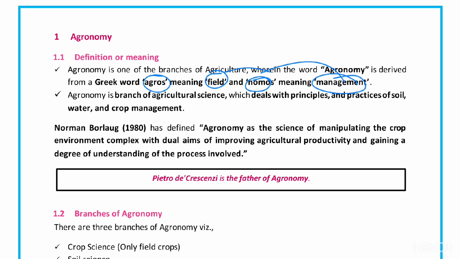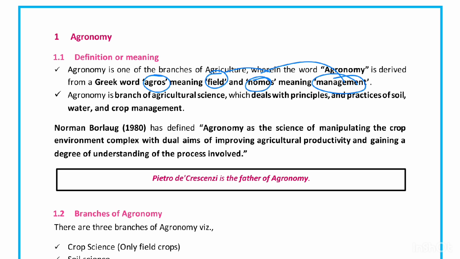Students, the definition says that it deals with principles and practice of crop production and field management. Now, for better understanding, let us break this definition into different parts and see the meaning, and learn what all we are going to study under agronomy.